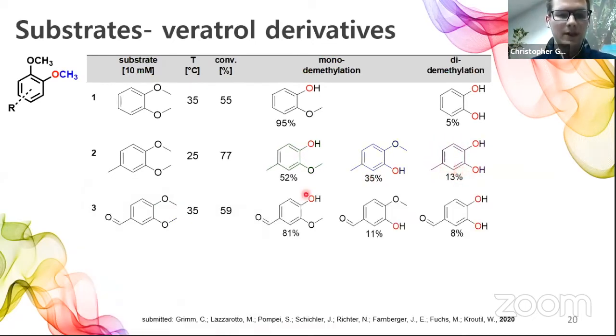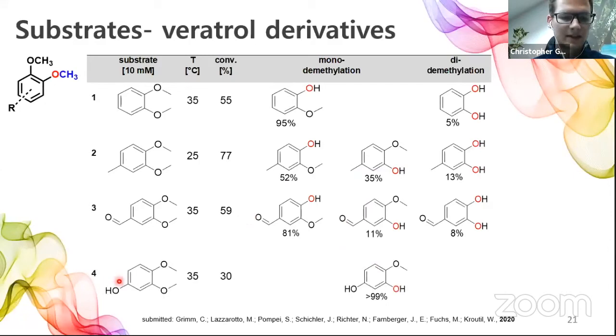Then for entry number 3 with the aldehyde group, we find a very high regioselectivity for vanillin, the flavoring compound, and for entry number 4, we see remarkable regioselectivity for this product and not any other product at all.